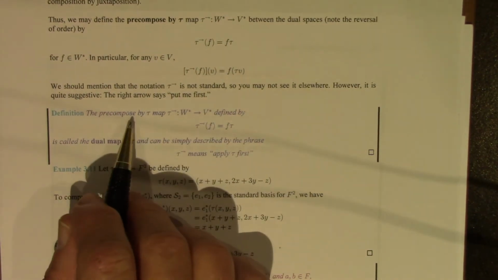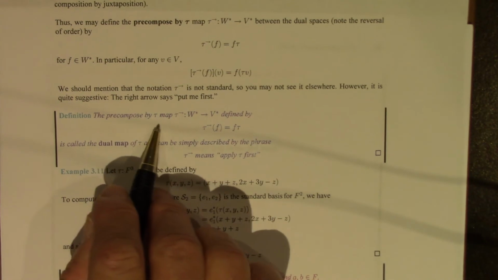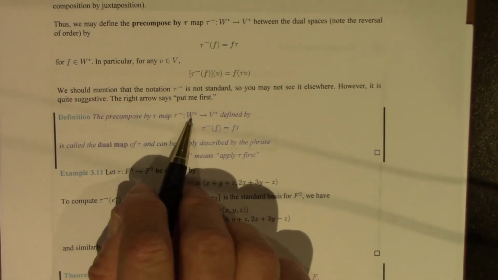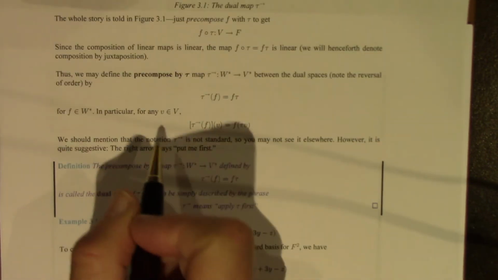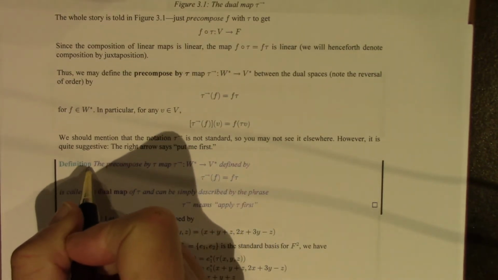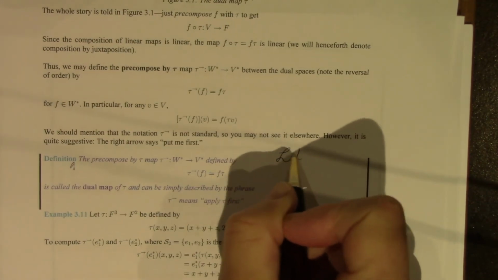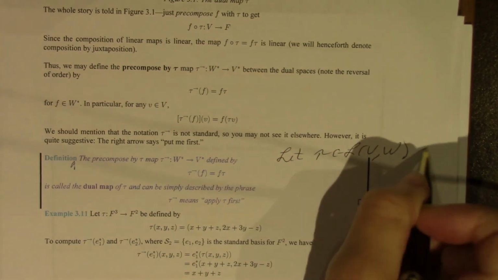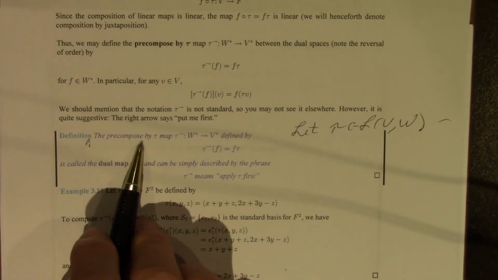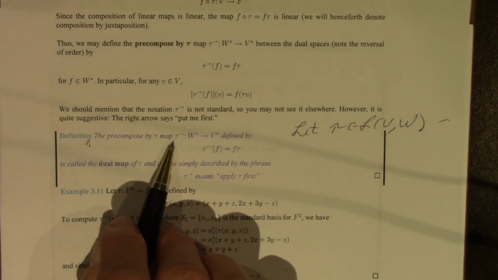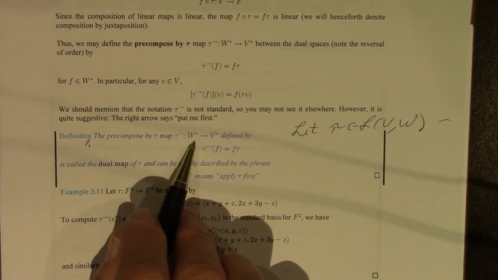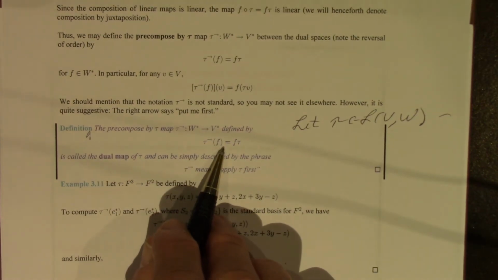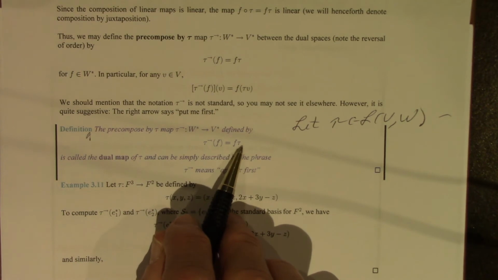So, definition. Let tau be in L of V, W. The pre-compose by tau map, tau arrow, maps W star to V star, and it's defined this way, or in words, place tau first.